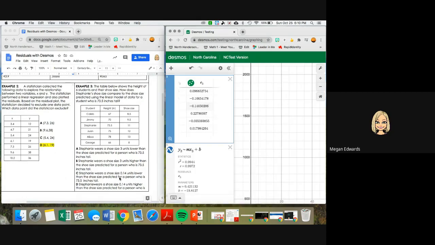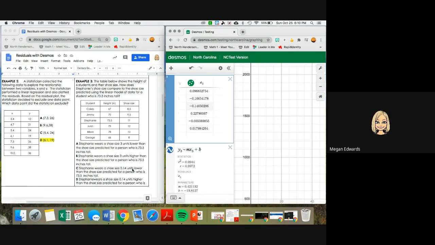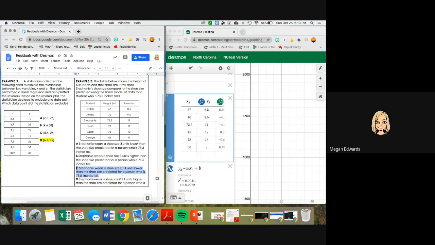Okay, so that means we're narrowed down to C or D because it's talking about 14 units lower than the predicted size. And since it's negative, we know that it's going to be lower. It's going to be below the line. So Stephanie wears a shoe size 0.14 units lower than the shoe size predicted for a person 73.5 inches tall. C is our answer.